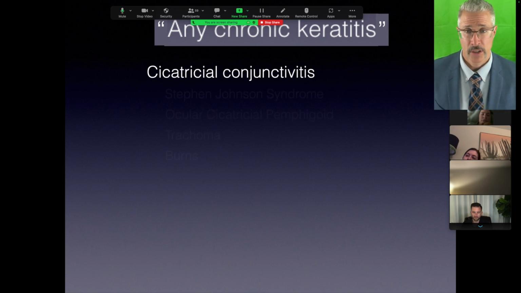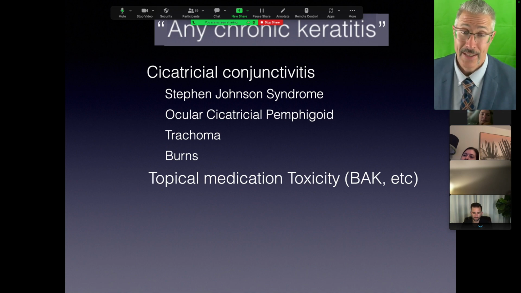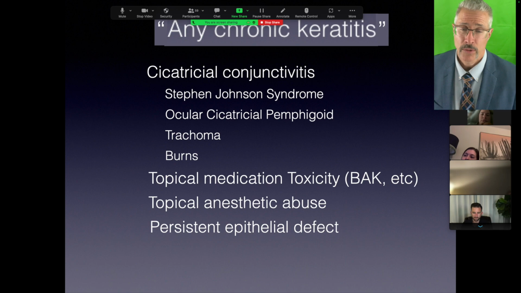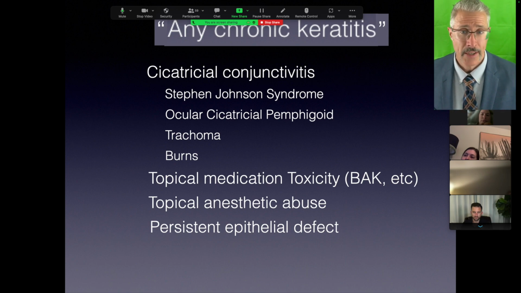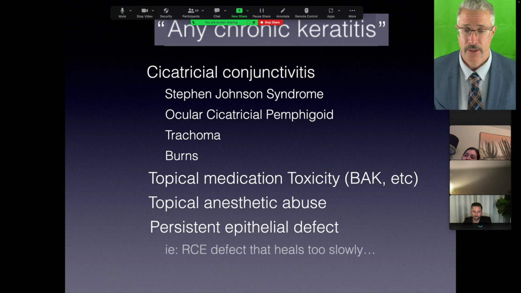So cicatricial conjunctivitis, those diseases, and topical medication toxicity can sometimes do it, anesthetic abuse, or just a persistent epithelial defect. Remember, to maintain its microenvironment, the cornea likes to have intact surfaces on the front and back. If you break those down, it can lead to trouble.